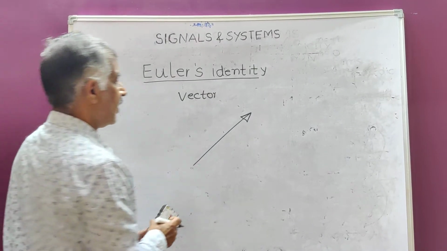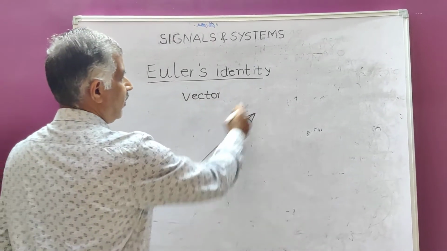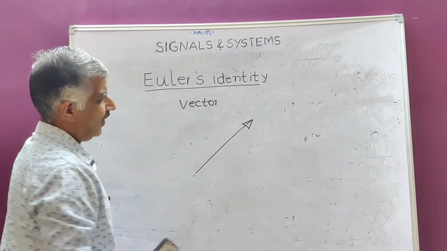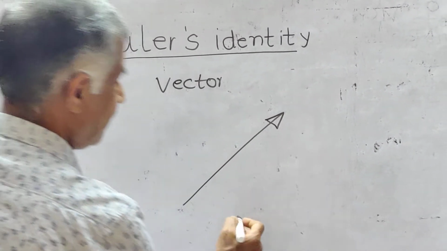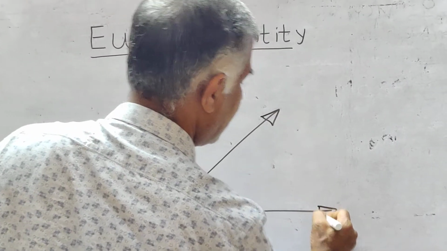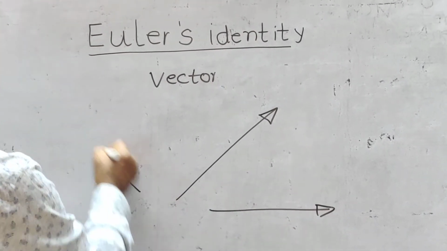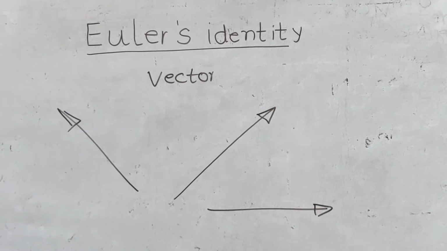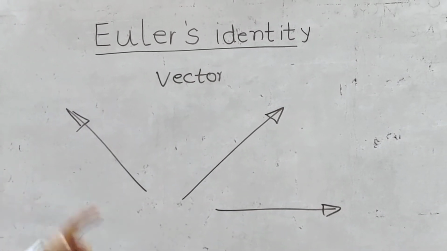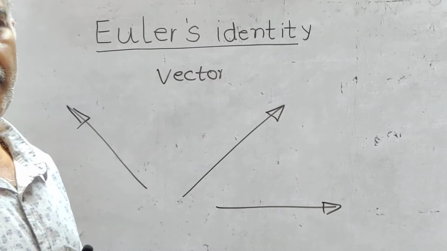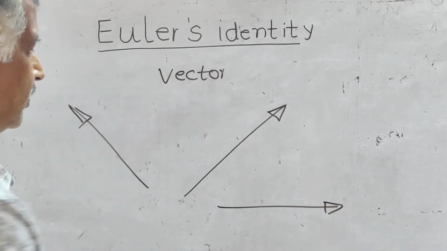Now I will take a vector positioned like this. It can be positioned in any direction you like. It need not be like this. It can be like this, or it can be like this.